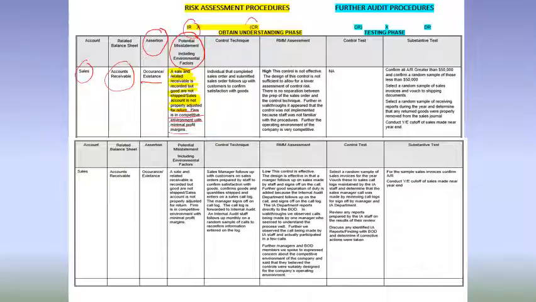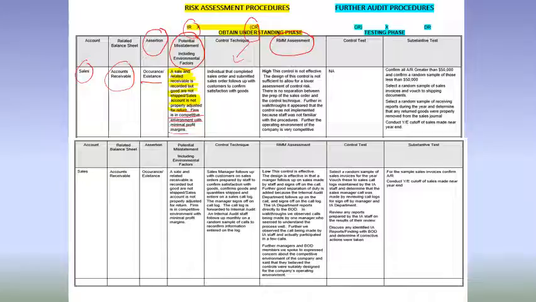But then we have to look at the controls to see to what extent the control technique or procedure could potentially mitigate that risk. And we say, well, the individual that completed the sales order and submitted the sales order follows up with customers to confirm satisfaction with goods. Now, what do we do? Remember, on every engagement now we have to make an assessment of the risk of material misstatement.